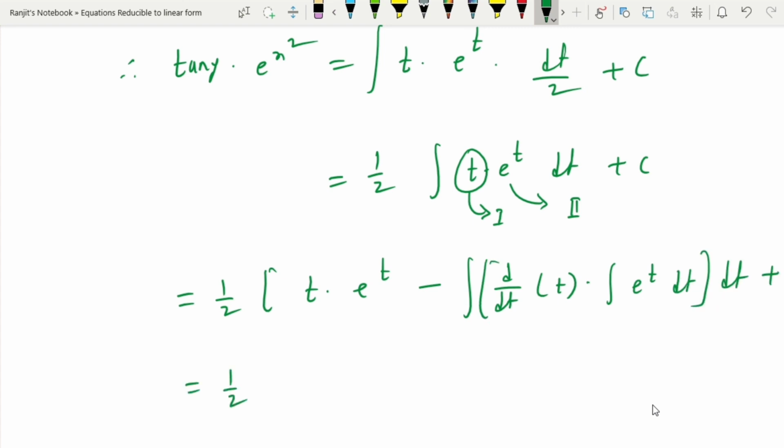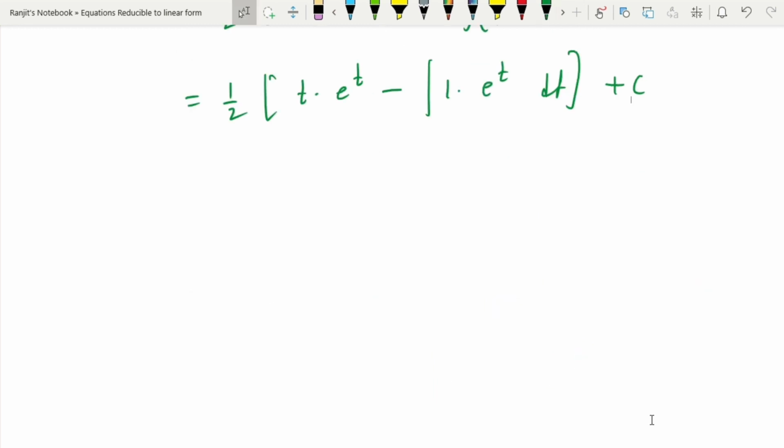This is equal to half t times e to the power t minus integration of, the derivative of t being 1, and the integration of e to the power t being e to the power t, dt plus c. Now this is equal to half t e to the power t minus e to the power t plus c.